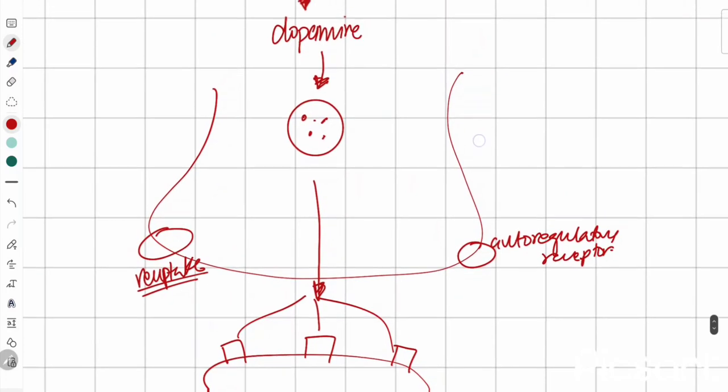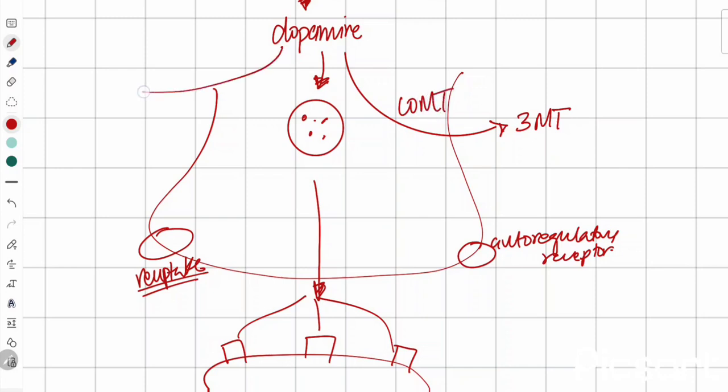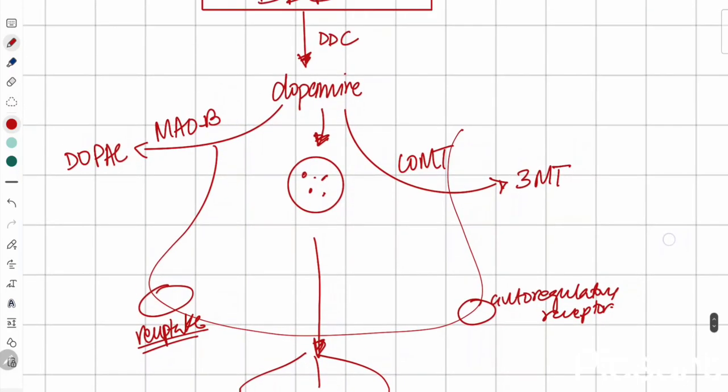Now this dopamine in the central nervous system also converts into 3-MT by COMT. Again, the same old bad boys are coming after dear old dopamine. And another product is DOPAC, by MAO-B.